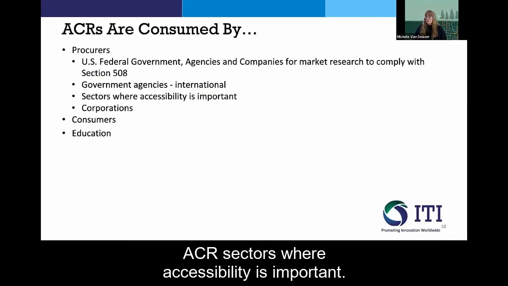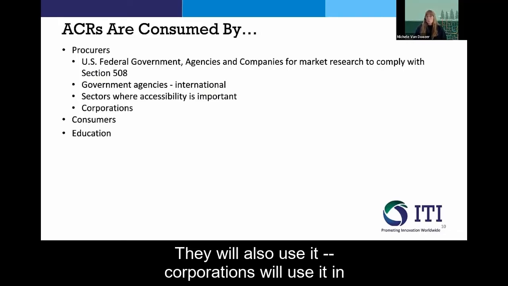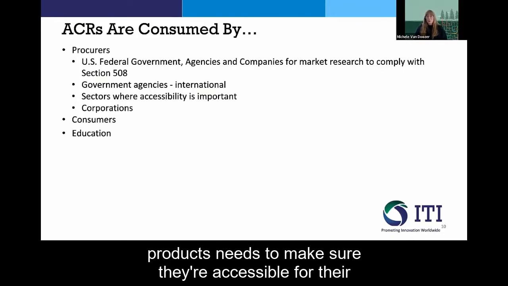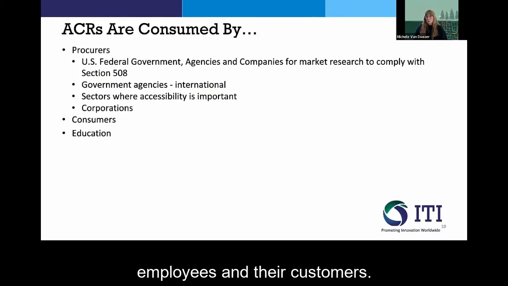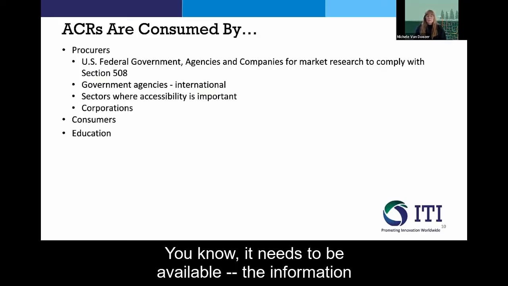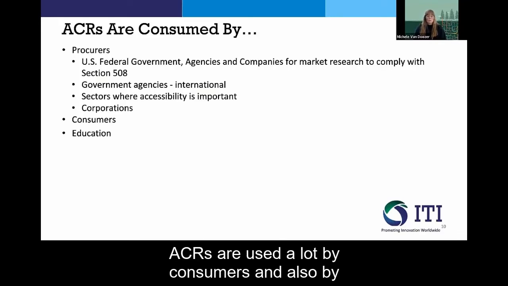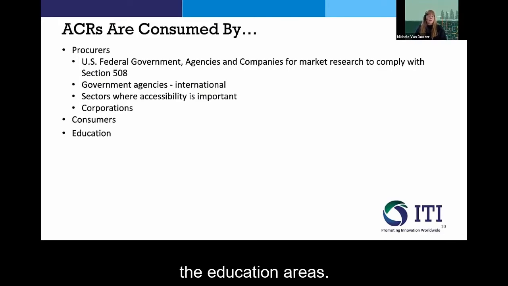Sectors where accessibility is important will also use it. Corporations will use it in their purchases because anybody buying products needs to make sure they're accessible for their employees and their customers. The information needs to be available across the board to everyone. ACRs are used a lot by consumers and also in education.